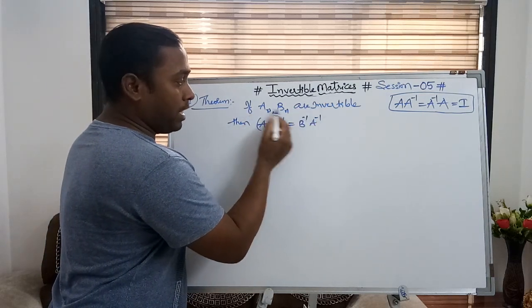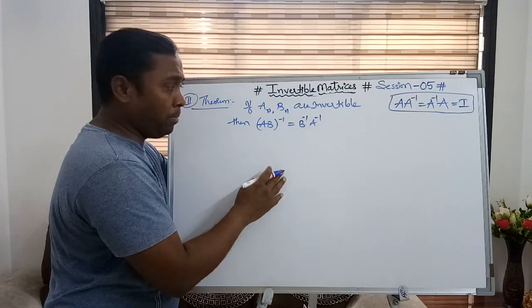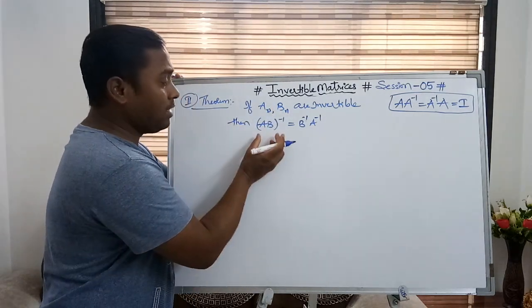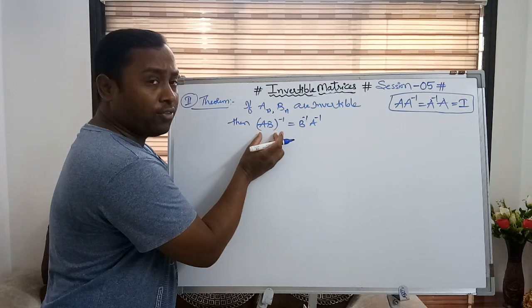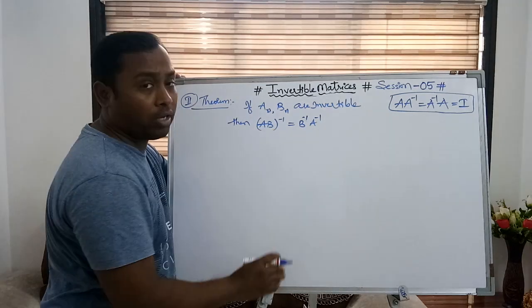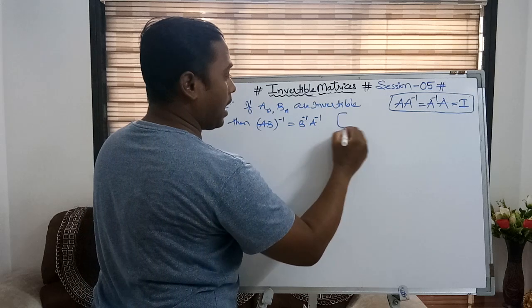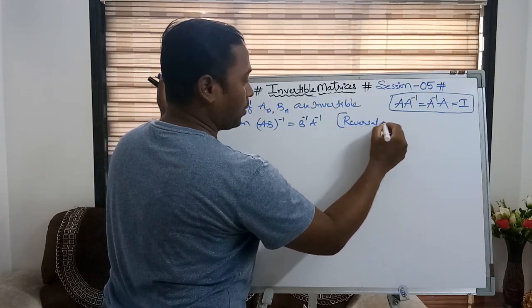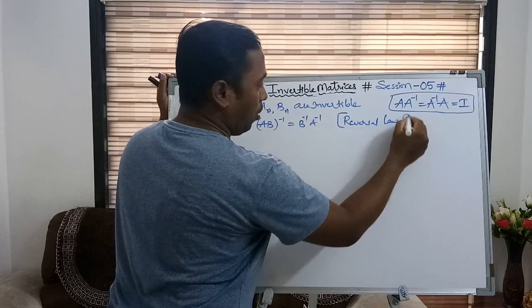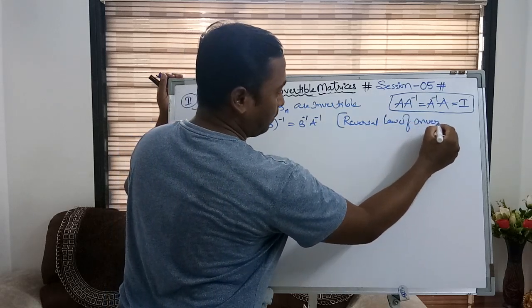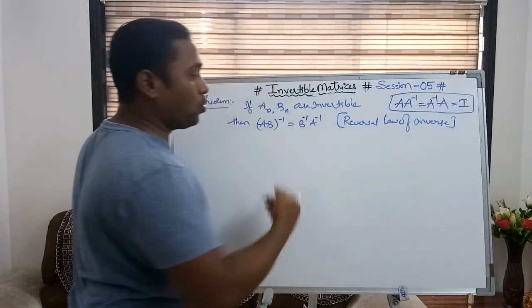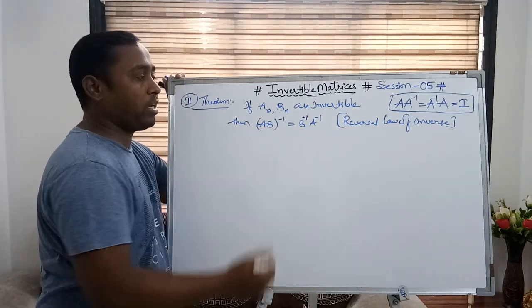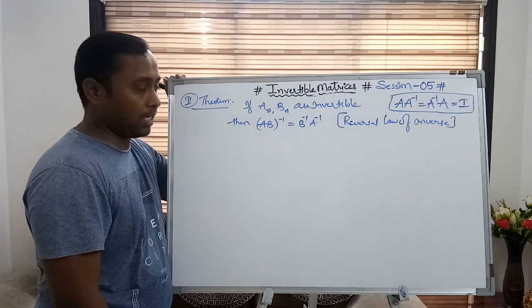If A and B individually are invertible, meaning their inverses exist, then we can say AB whole inverse is equal to B inverse into A inverse, which we also call the reversal law of inverse. This has also been applied in the transpose case. Now the same concept you can also observe in the inverse case.